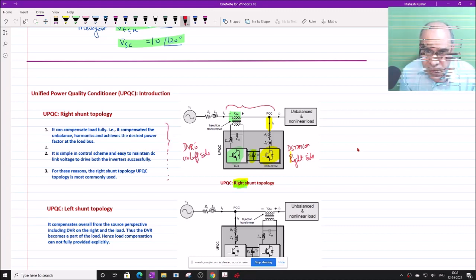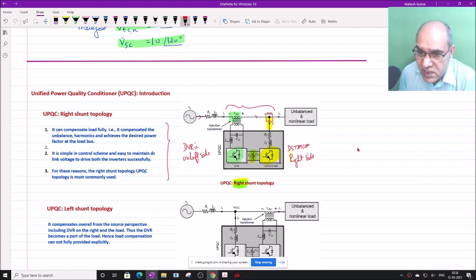This topology can compensate the load fully in terms of unbalance, harmonics and power factor, because it sets the parameters here. So it can maintain the load compensation at the load bus. But source side parameters are not guaranteed because there is involvement of a DVR circuit.